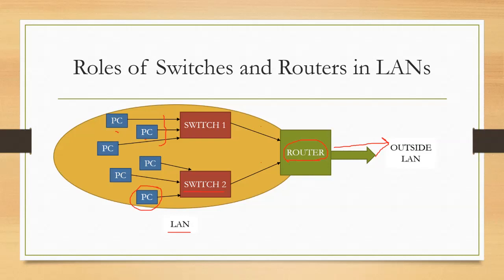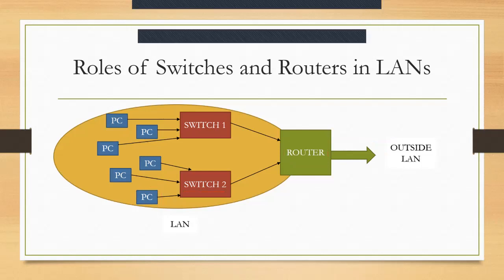So the concept that we need to understand here is that switches operate inside the LAN, the router is the boundary of a LAN, and the router is the mediator between the outside world, the outside internet, and the internal workstations that we have. I hope the idea is clear. So we have a before-router network and an after-router network.